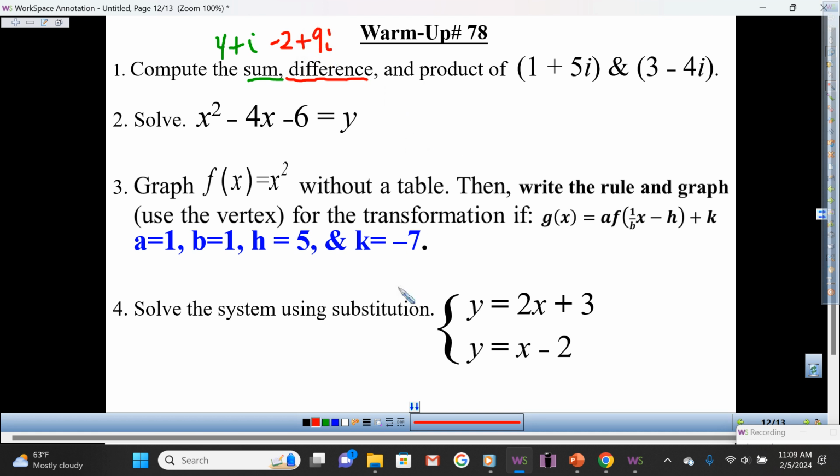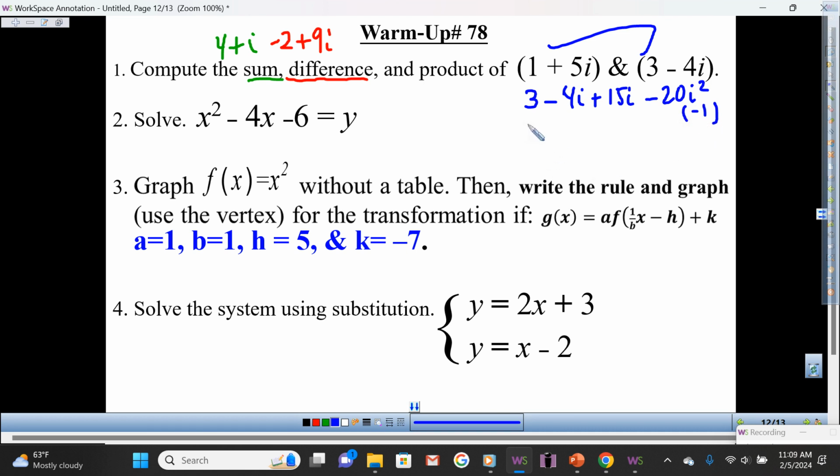Yeah? Let's go. Distributes, we got 3 minus 4I plus 15I minus 20I squared. So far so good, yes? But instead of I squared, what do we substitute, Jacobs? -1, that is correct.